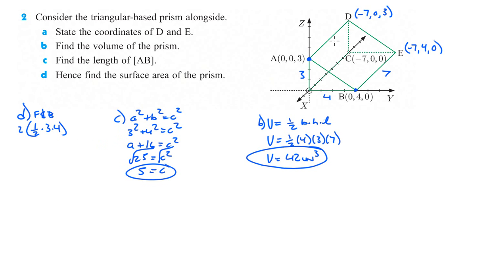Okay, let's see this top side here. Top is going to be, that's 5 and that's 7, right? Because we did that earlier. Yep, that was 5. So top is going to be 5 times 7. And then we want the bottom. The bottom is 4 by 7. And then we want the left side, which is 3 by 7.